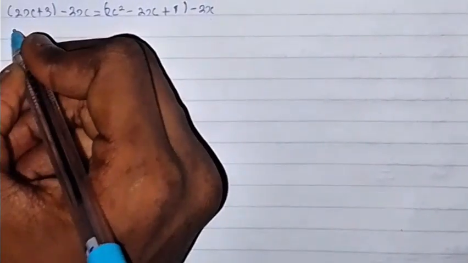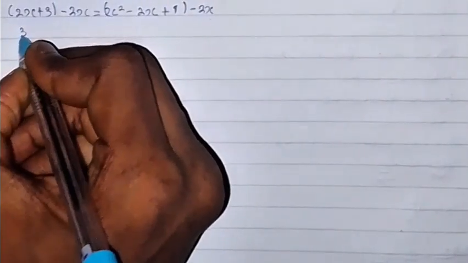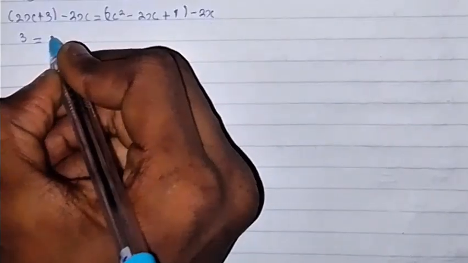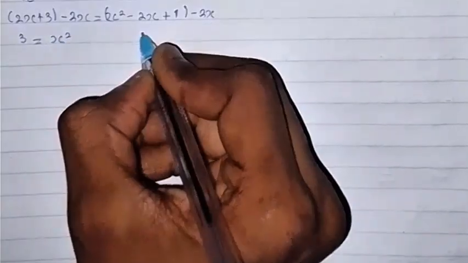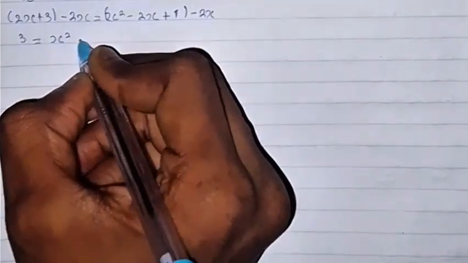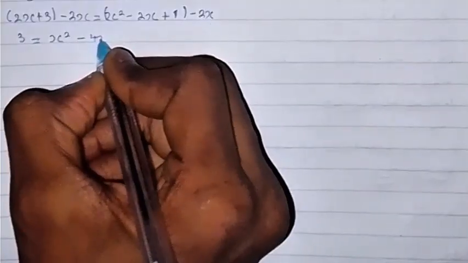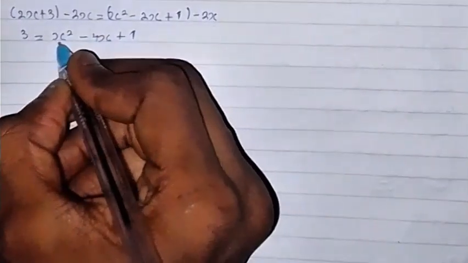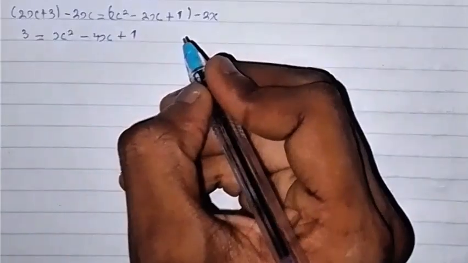So 2x minus 2x, that's 0. What we have left is 3, which now equals to x squared minus 2x, that gives us minus 4x plus 1. So we have all terms containing x on the right hand side.